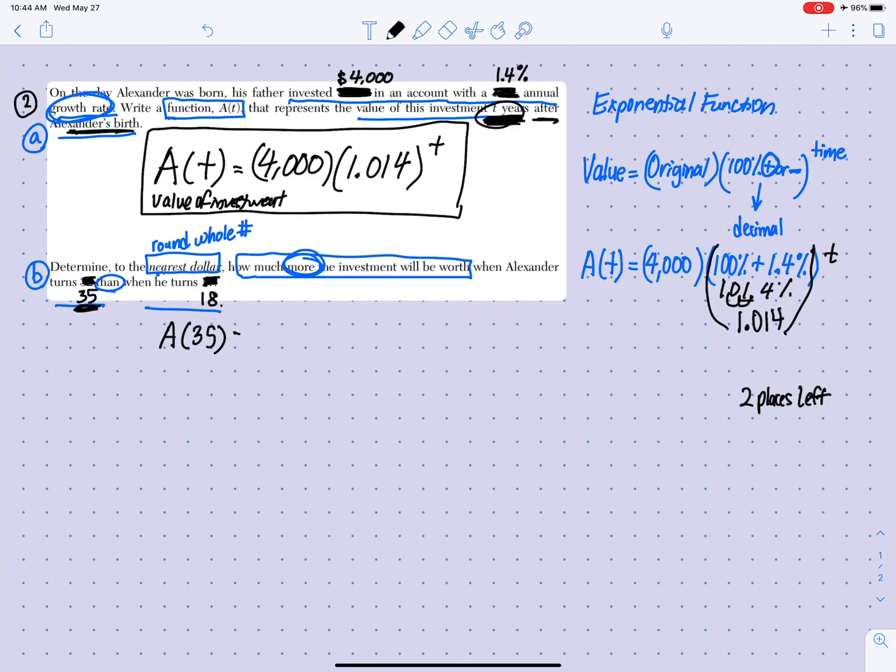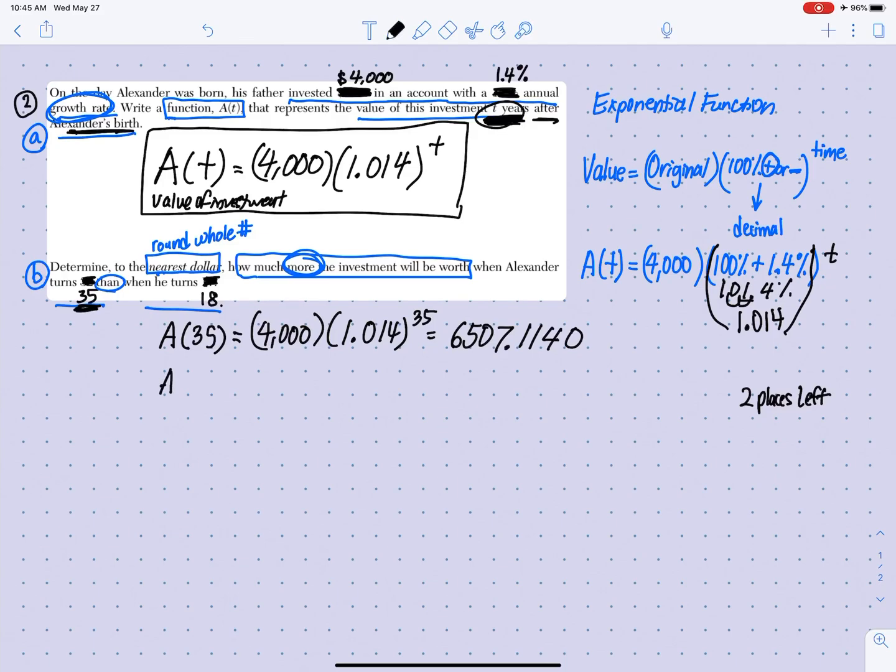He turned 35, so that's 4,000 times 1.014, and the exponent here is 35. When I plug this in the calculator, literally I'm copying the same thing I see on the screen. It's 4,000 times 1.014 exponent 35, and I get as follows. It's an ugly decimal, but remember, I like to copy extra digits, so I copy the whole number in the front and then 4 numbers after the decimal. It's just something I like to keep consistent.